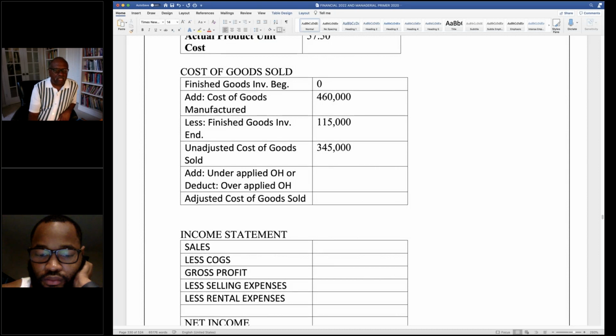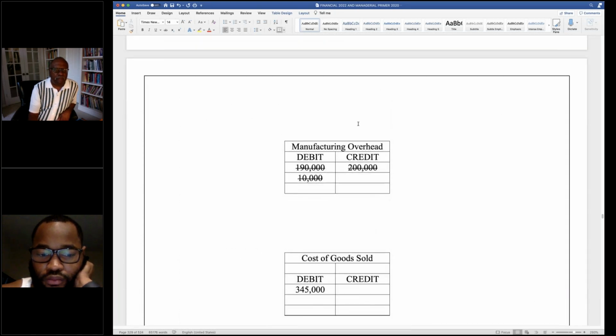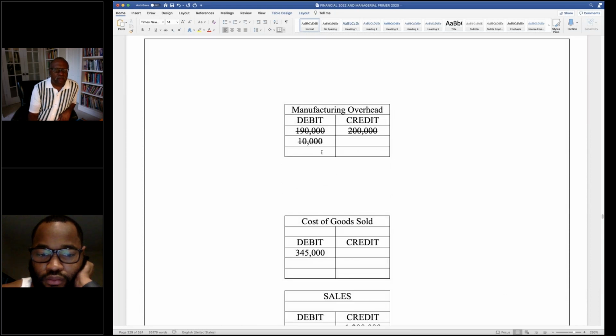Then we have to adjust for that overhead. Now we didn't post that. I think we partially posted, but since we debited overhead, we needed to credit cost of goods sold for 10,000. Okay. So the balance in this account is now 335.